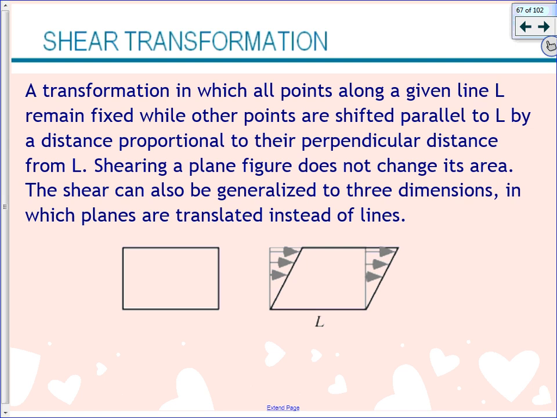So taking a geometric shape, and really you can take that shape in any 2 or 3 dimensions, to shear something means one of the sides remains unchanged in its location. The other side is moved or translated in a way that is parallel to the other side.